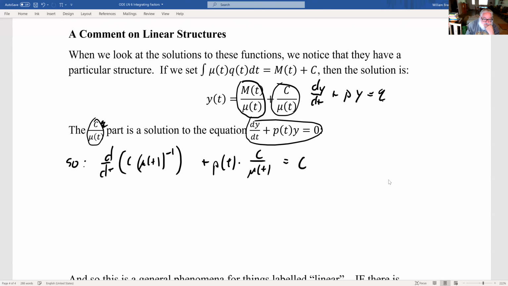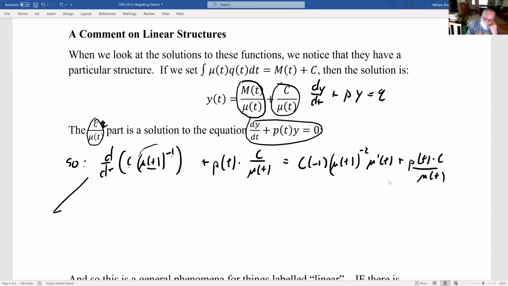I get c, and then minus 1 comes down out front, mu of t to the minus 2 times the derivative of the thing inside, so that's mu prime, plus p of t times c over mu.